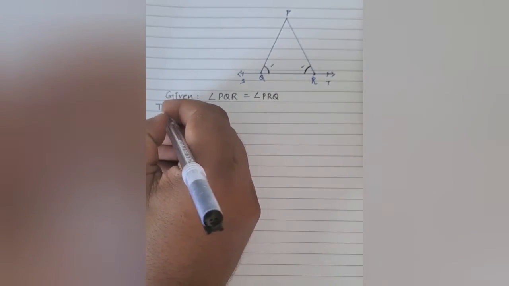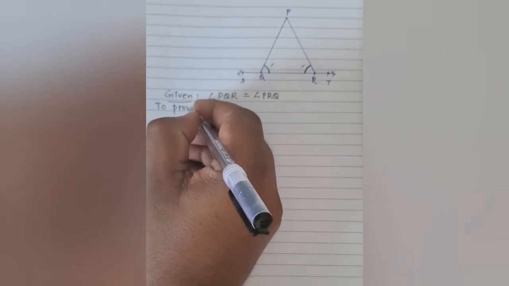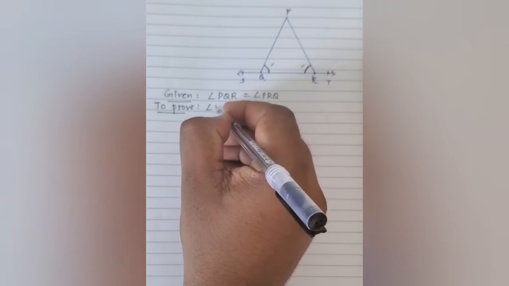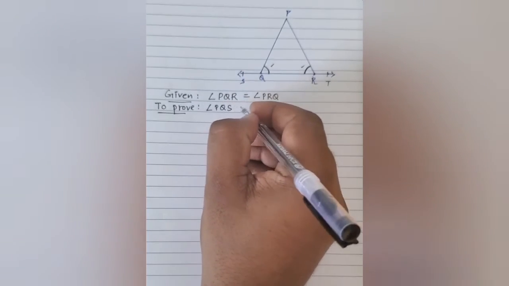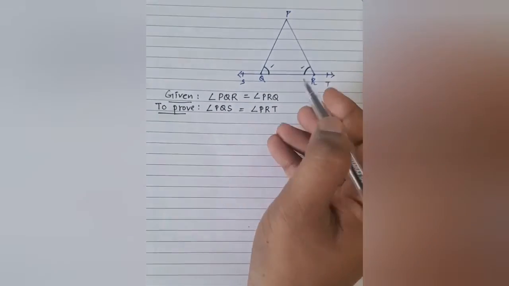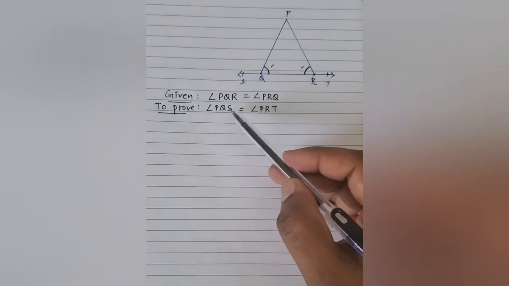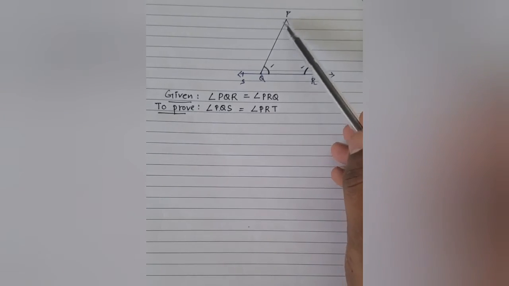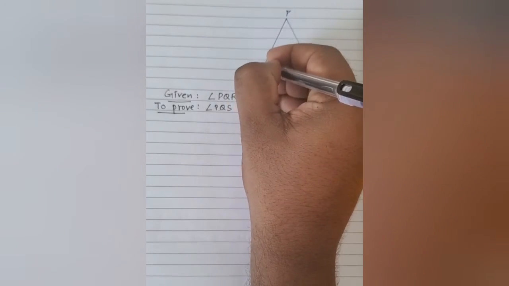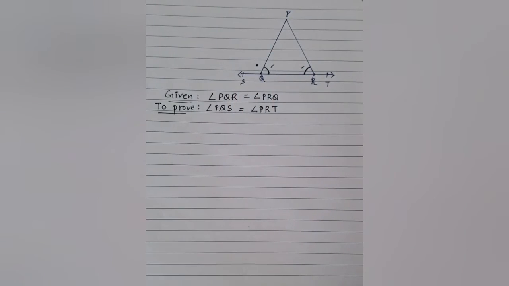What are we supposed to prove? In the question, we have been asked to prove that angle PQS is equal to angle PRT. Where is angle PQS? Here we have it. This angle is equal to angle PRT.